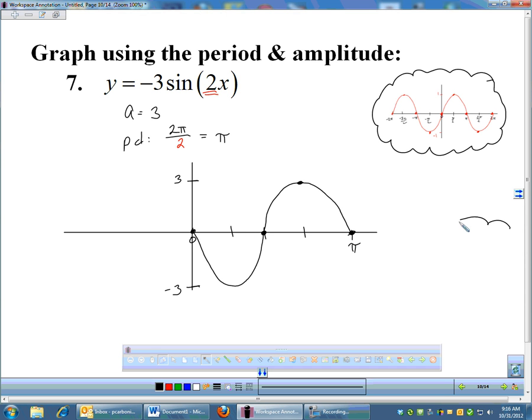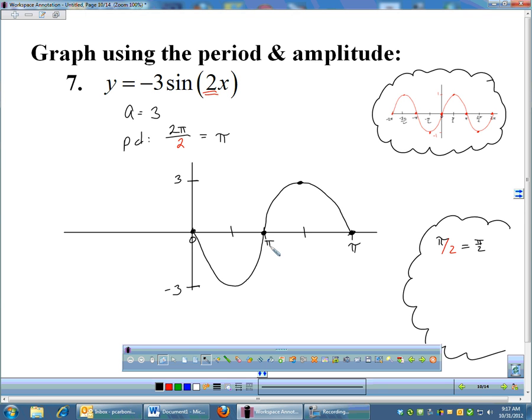So I kind of go into thinking land over here. If my period was pi, then I'm going to divide that by 2, and that's pi over 2, and that's what this x-intercept is going to be. Then my next point, this minimum, this x-coordinate is exactly half in the middle.